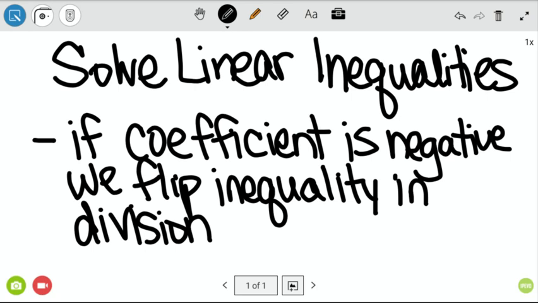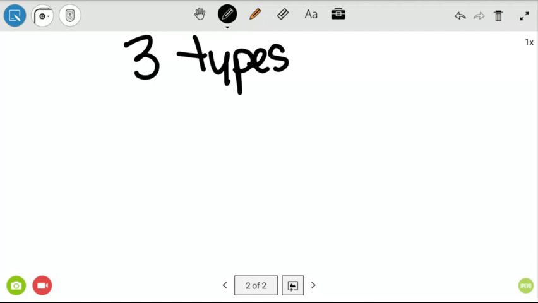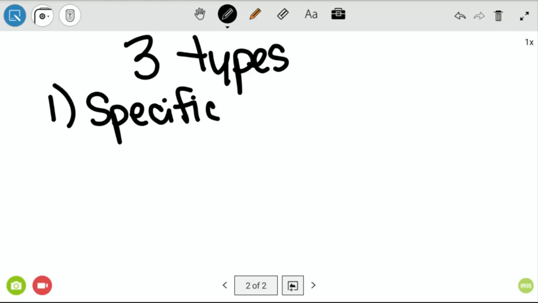Now, today there's actually going to be some things that happen, and I'm just going to talk about them one at a time. We're not going to write anything like rules down. But we are going to do some problems where, so there are 3 types of inequalities. We can have a specific solution. That's what we did yesterday, where we get like x is greater than 3, or x is less than or equal to 7.